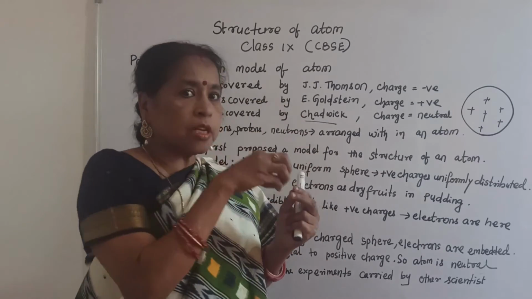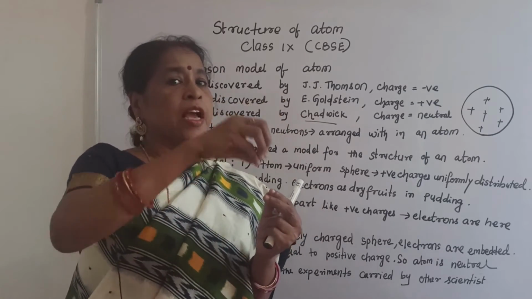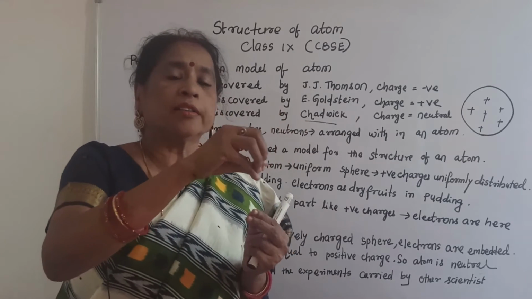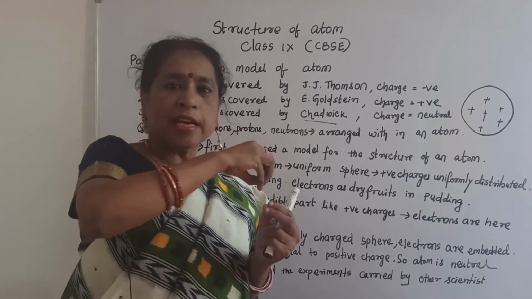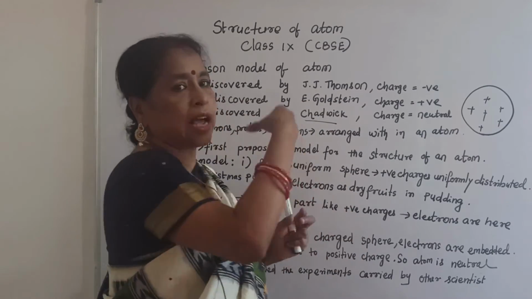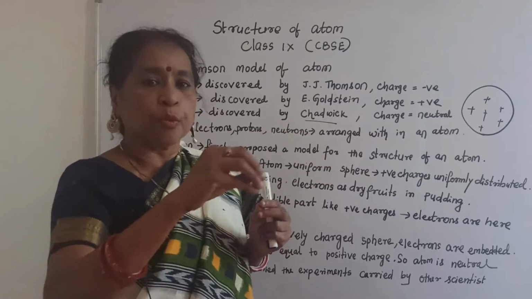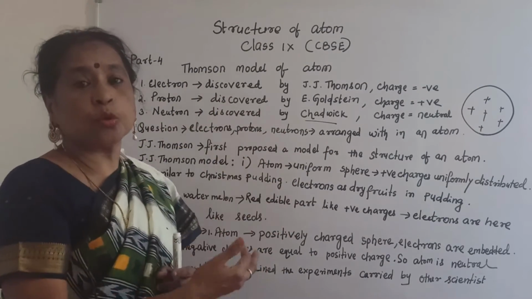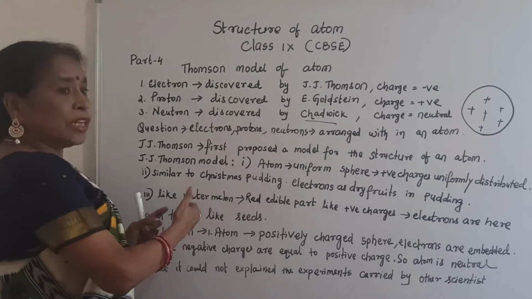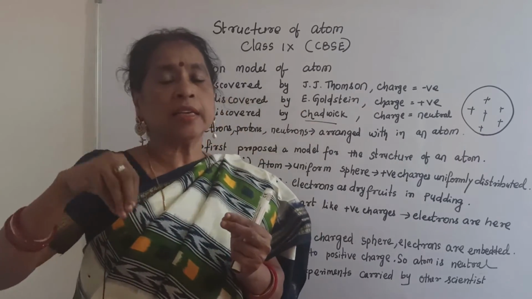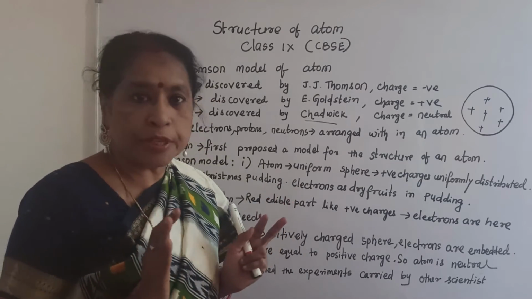Electrons are just like dry fruits in a pudding. Now in a pudding you can't say where the dry fruits are arranged; they are arranged here and there. Like this, electrons are arranged in the pudding. He also compared it with a watermelon. You can see in a watermelon, the red edible part is uniformly distributed.